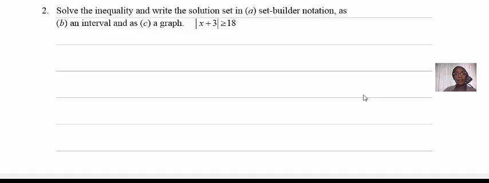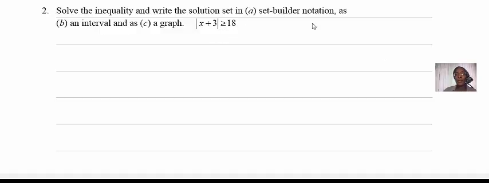In our next problem, we have an inequality whose solution set we want to write in set builder notation, as an interval, and as a graph. And this is an absolute value inequality.